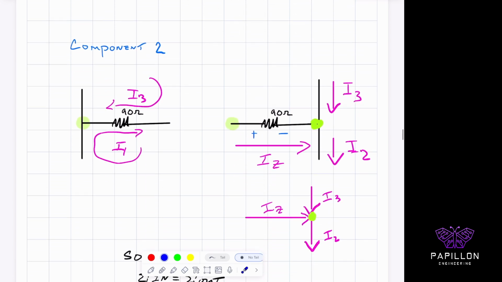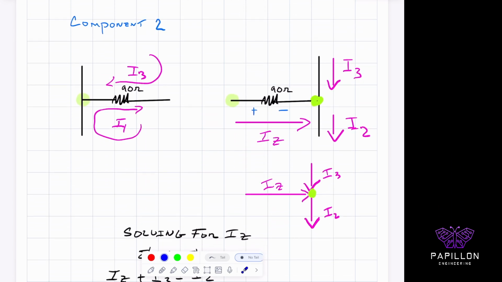So for the second component, same strategy again. Here's your node. I1 is going clockwise again. So we put the positives and negatives again so you can see this. As far as this node is concerned, this side is positive, negative, and on this side, it technically is positive, negative.